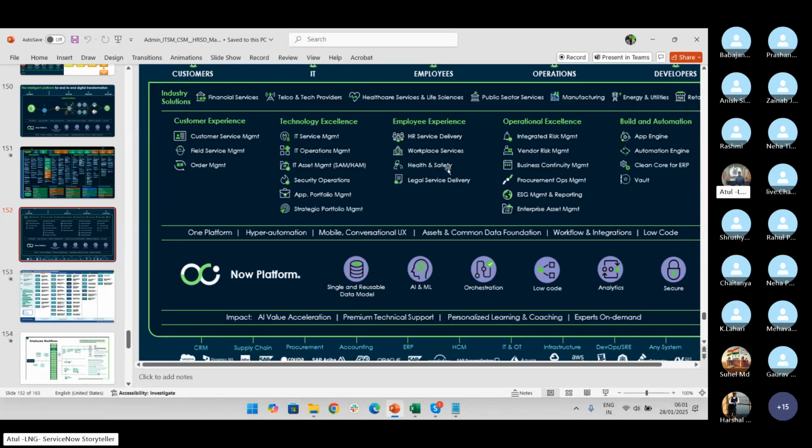Login, health and safety. If you want to go to office during the COVID period, you have to put everything in the form. Your name, your address, have you done the vaccination, आपके घर में कोई COVID तो नहीं है, कितना time हो गया, and all these things will be there. ServiceNow build a product during this COVID only, health and safety.